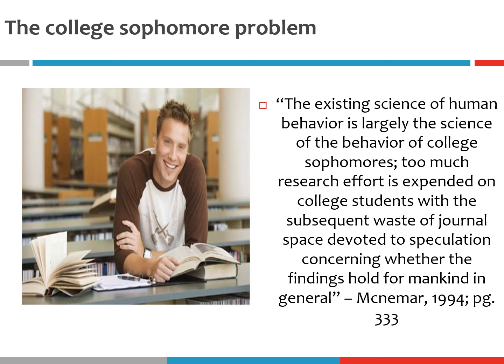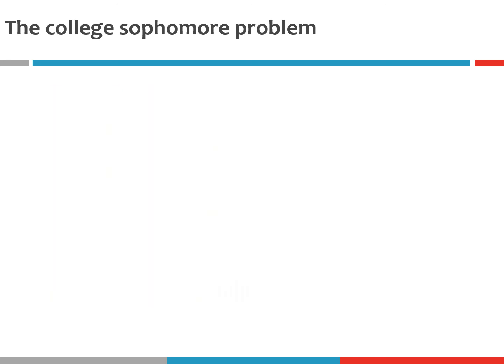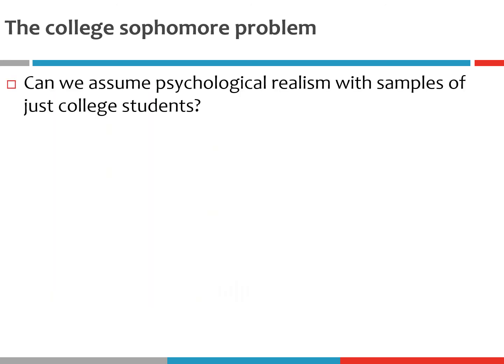Okay, and another study found that research published in the 6 best journals of the American Psychological Association, again, tended to use mostly American students, particularly those of European descent. Right? So what does that mean? Okay. Well, can we assume psychological realism with samples of just college students? Or are we relying on samples of Western, educated, industrialized, rich, democratic people, right?